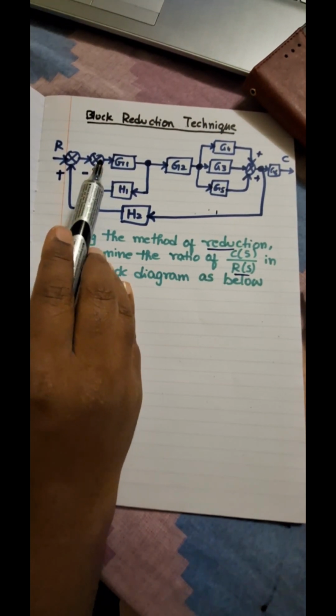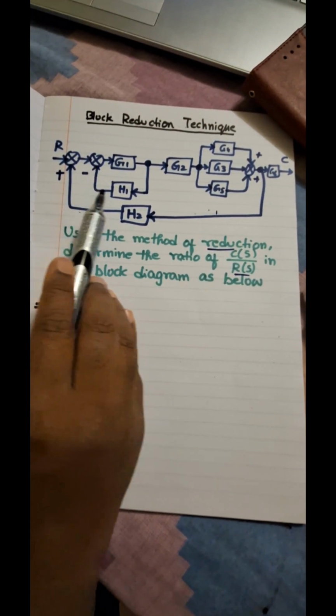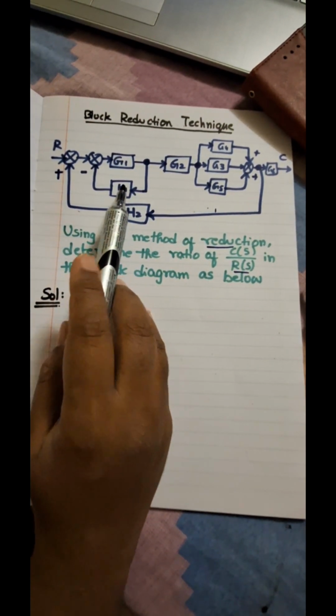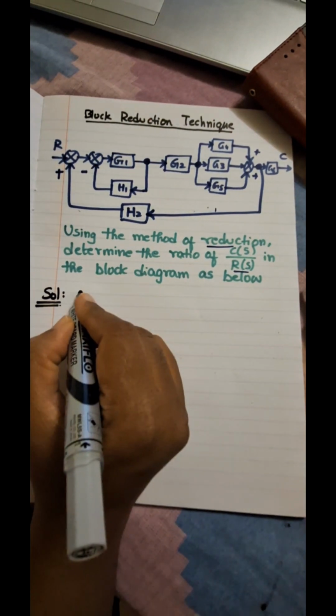When you go to the second summation, the first thing you can observe is that these two are in a feedback mode. So then what will you write?